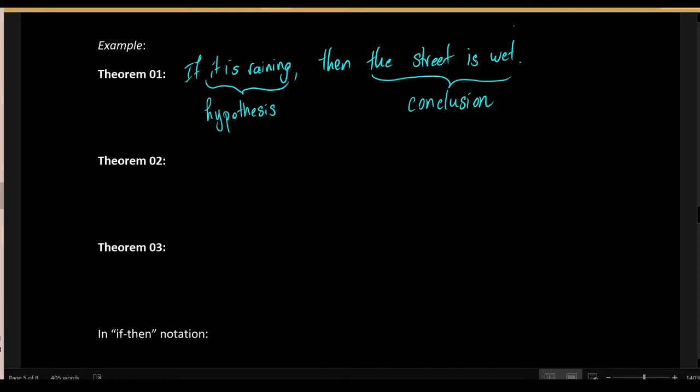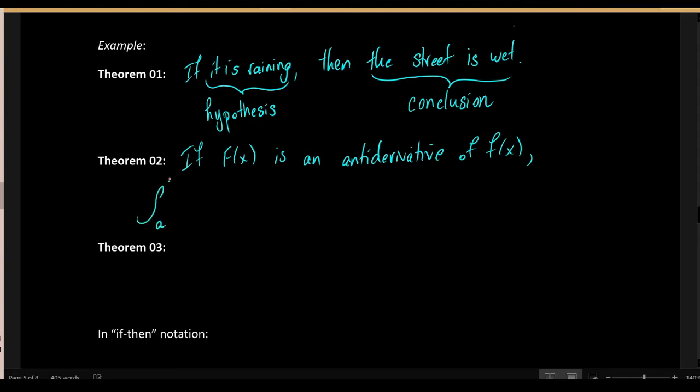Let's do a mathematical example from our calculus days. Here's one that we had. If capital F of x is an antiderivative of a function little f of x, then the definite integral from a to b of little f can be calculated by taking the difference of the antiderivative outputs at those limits.